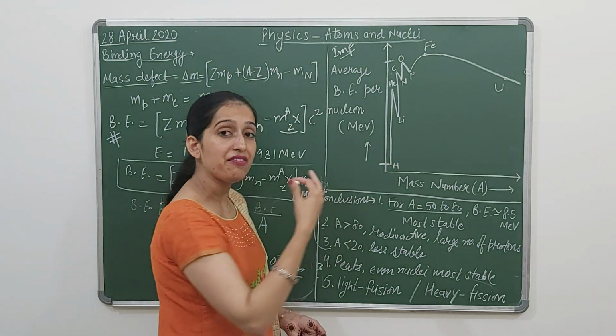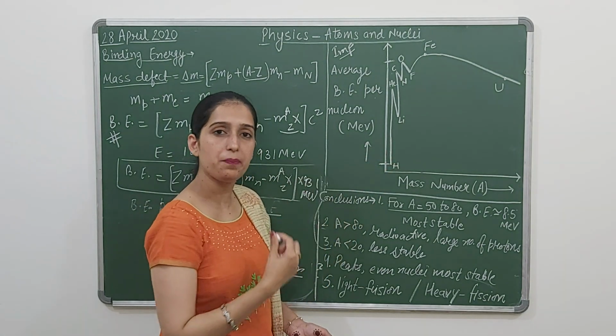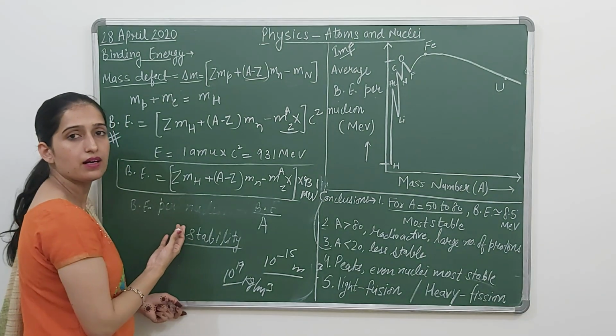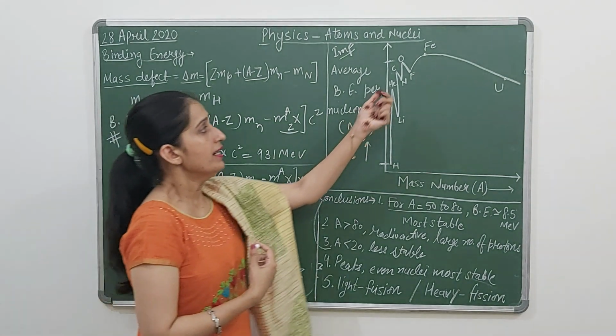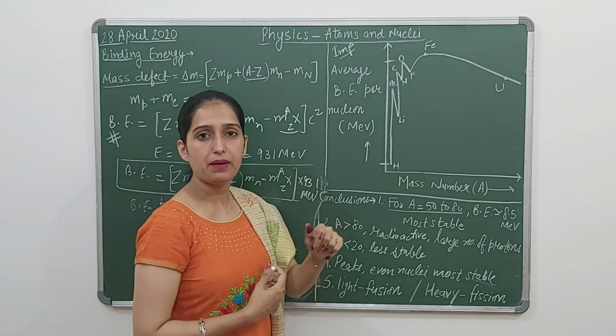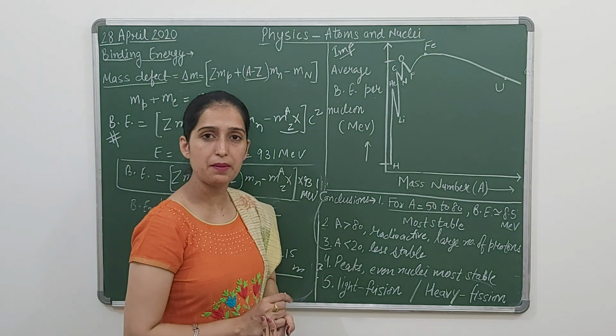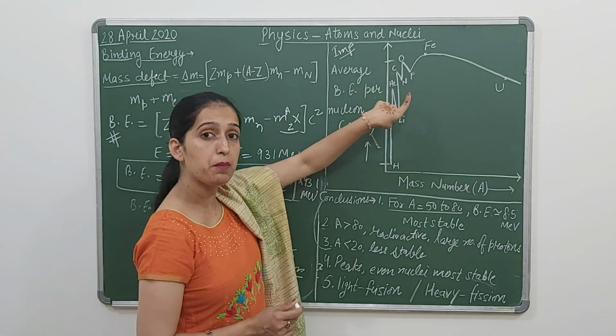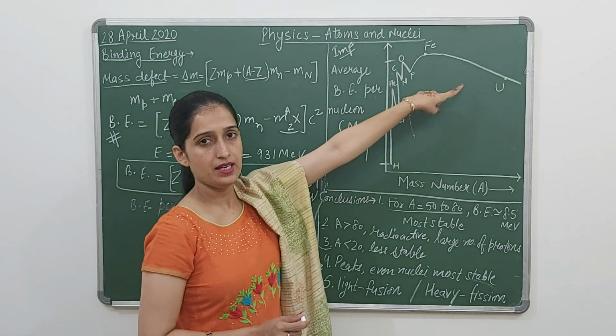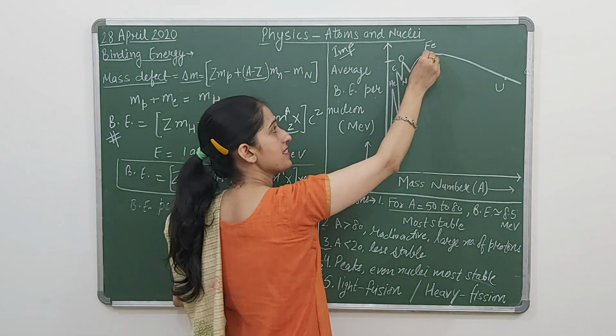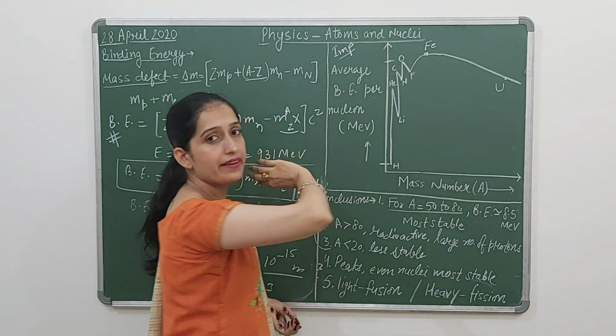Okay, this thing we have already calculated, binding energy per nucleon using this formula. So, if these are having high binding energy, that means they are more stable as compared to their neighbors only. Note this. And from here you can see iron.